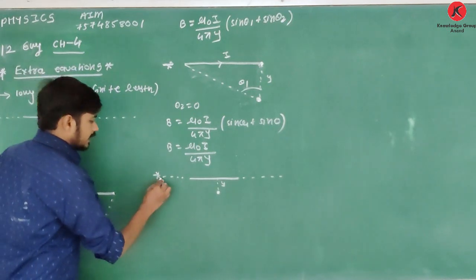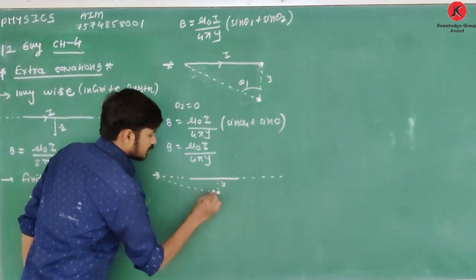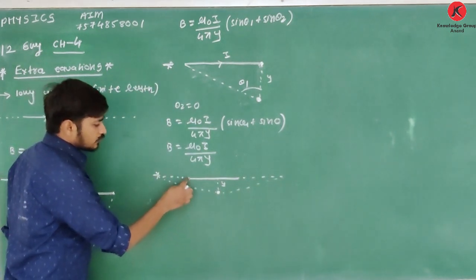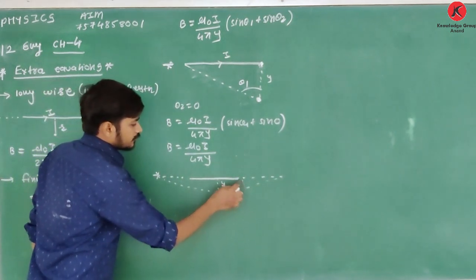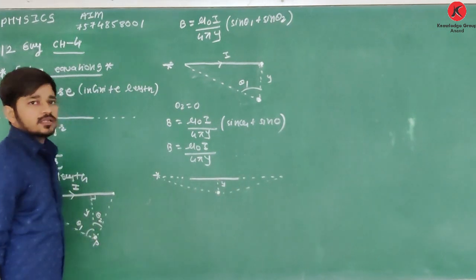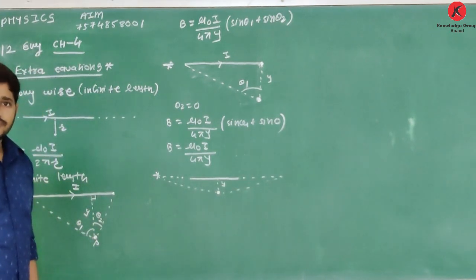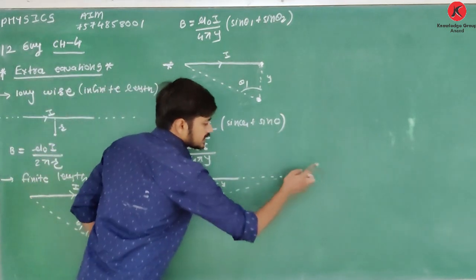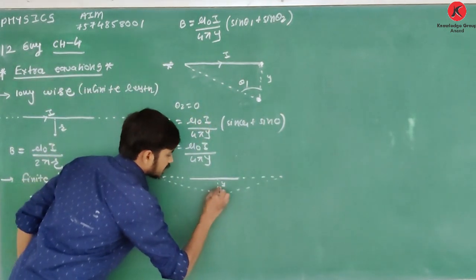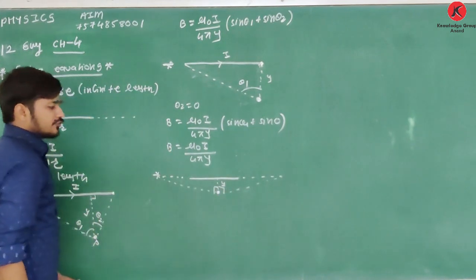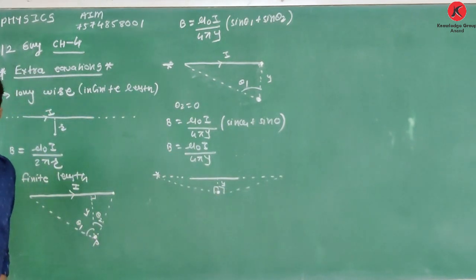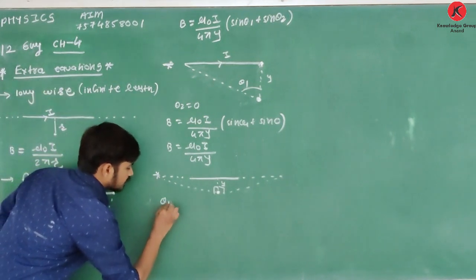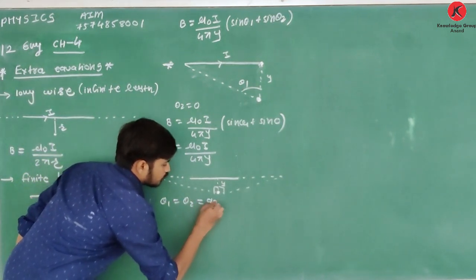If I connect this end with this point and this point with the other end, these two lines will be almost parallel. Yes or no? See, this distance is very large, then this angle is nearly 90. So for a wire of infinite length, theta 1 equals theta 2 equals 90.